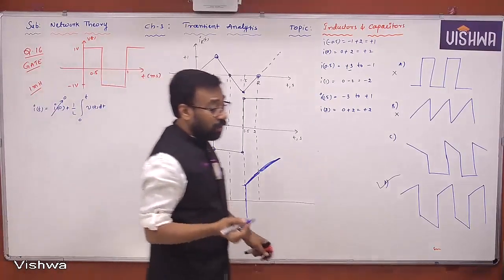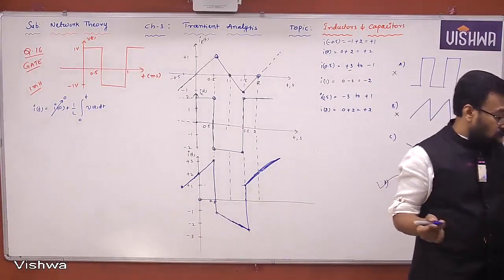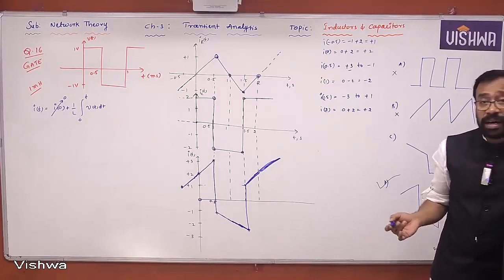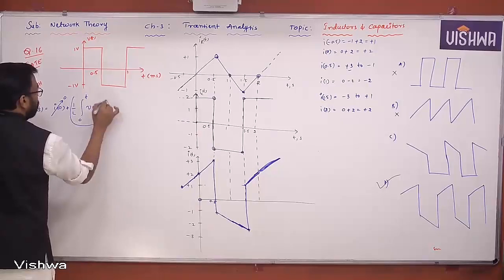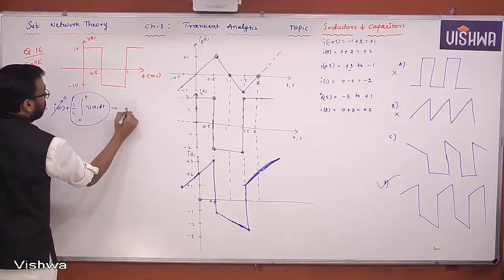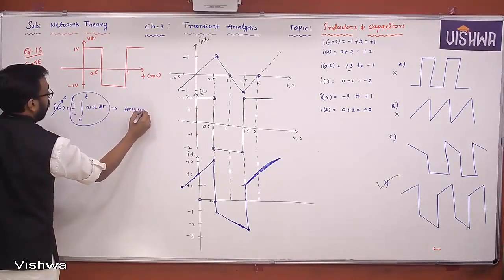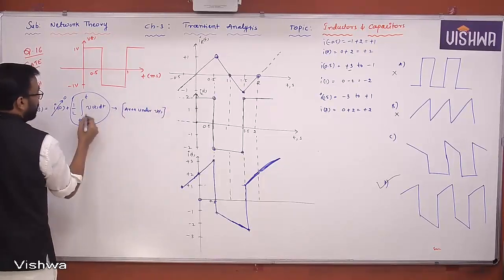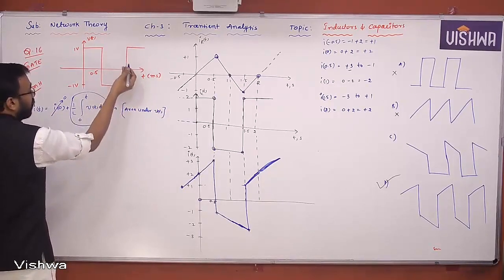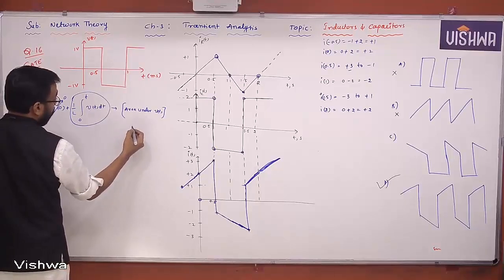Did he mention anything about the initial current? No, no information is given directly or indirectly. We can assume it's 0. But we can take this one as area under V of t. Yes or no? We can go for the integration also. But since we have a well-defined waveform, the square, we can easily find the area, okay?